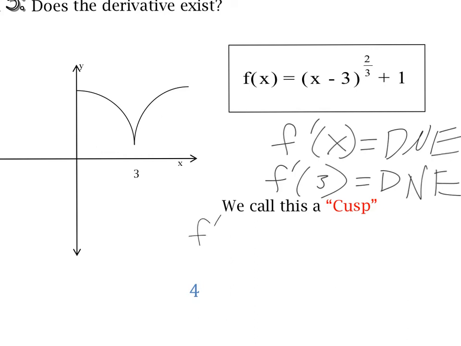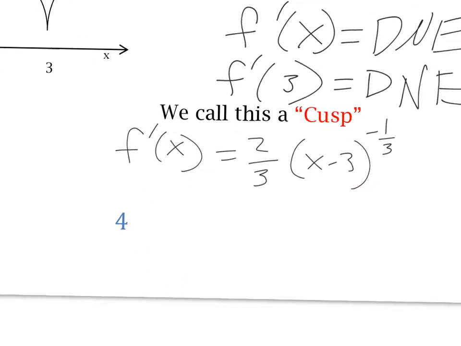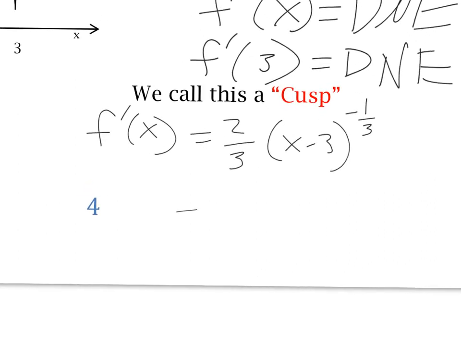If I take the derivative, I would get 2/3 times x minus 3 to the negative 1/3, since 2/3 minus 1 is negative 1/3, and the plus 1 turns into a 0. I would have to account for the chain rule, except the derivative of the inside is just 1, so I don't really have to worry about it. As I simplify this, I would end up with 2 over 3 cube root of x minus 3.